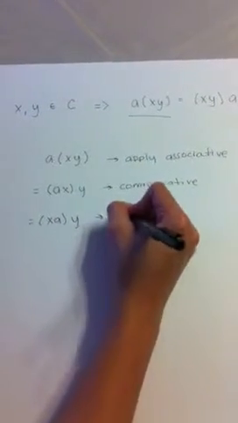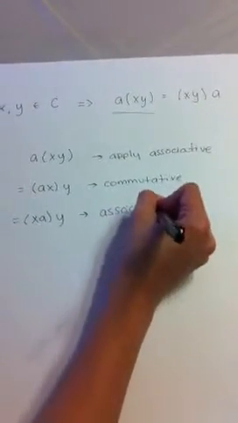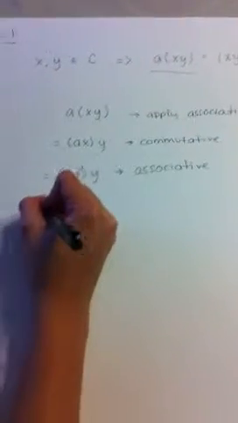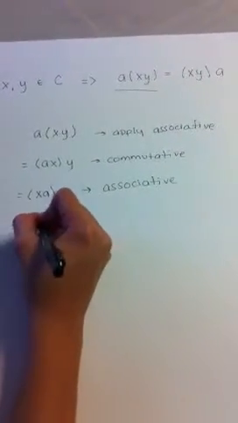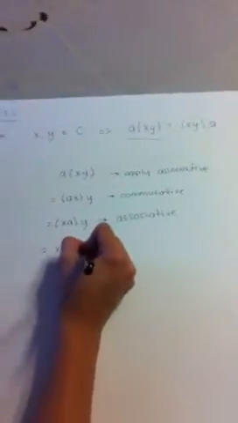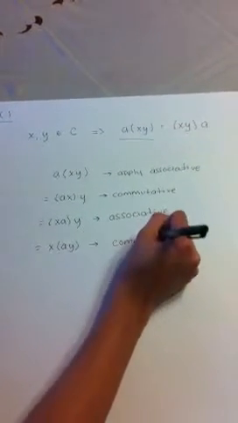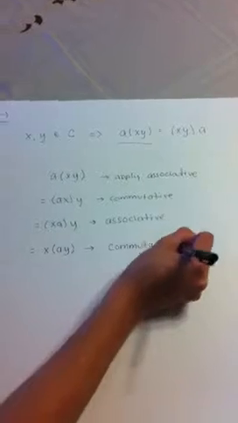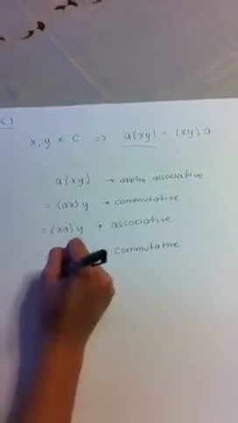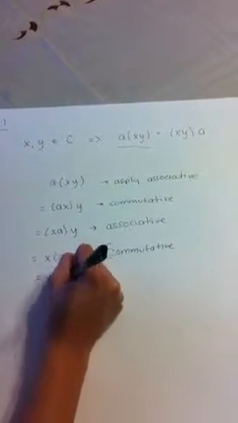We will once again apply our associative property, and we will get X(AY). Then we will once again move on to our commutative property, and we will get X(YA).